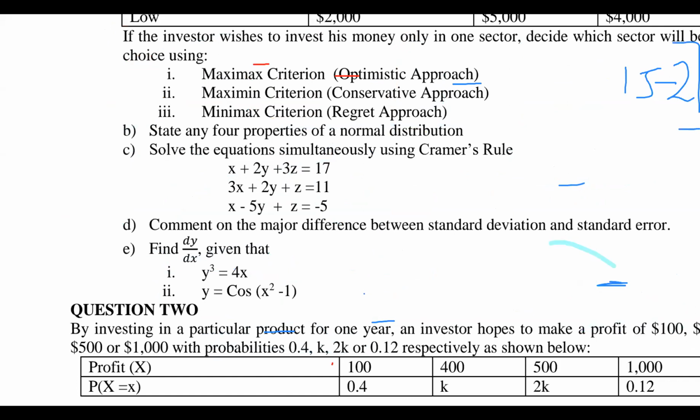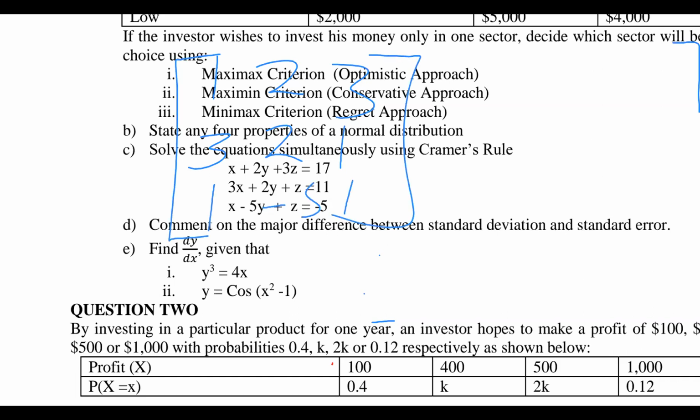Let's find the determinant for the column of the X values. This is how it is done. Let's extract again the matrix: 1, 2, 3, 3, 2, 1, 1, negative 5, and 1. That should be equal to what? 17, 11, and negative 5, like that.